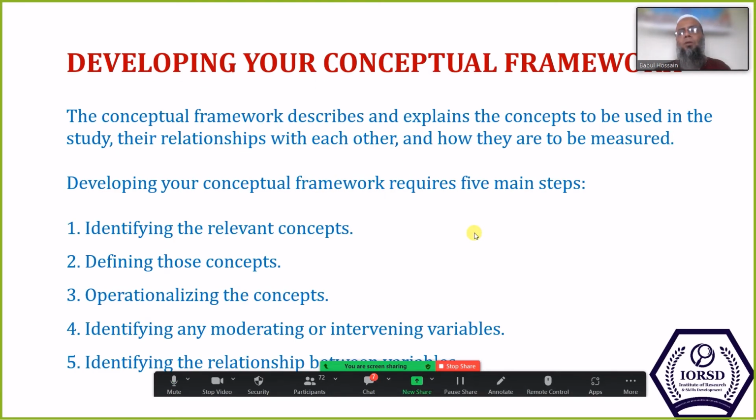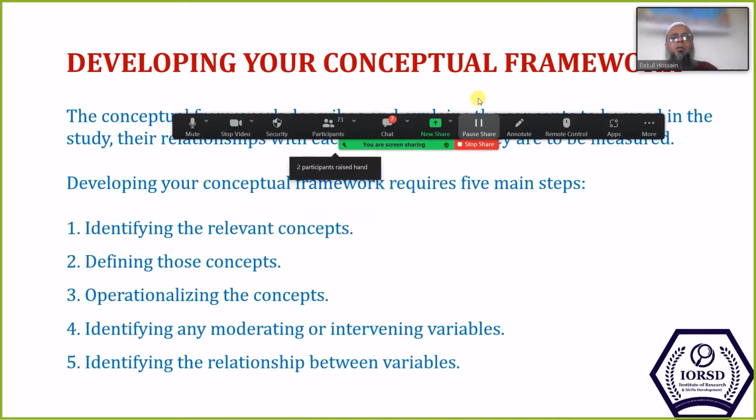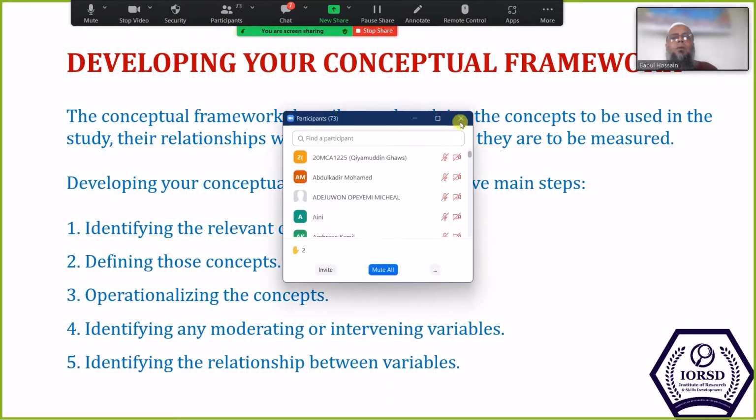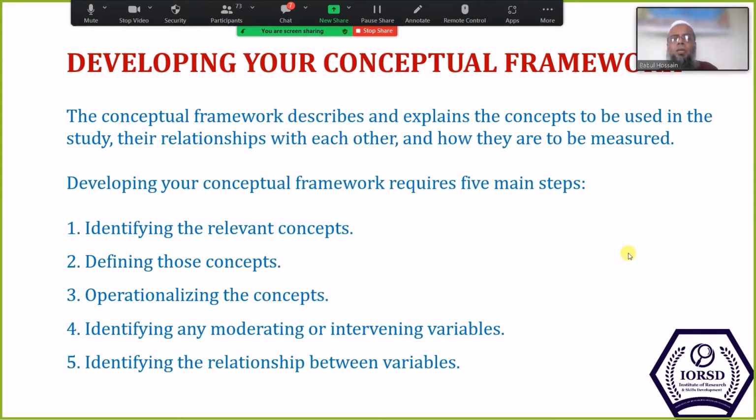Developing your conceptual framework requires 5 main steps: identifying the relevant concepts or variables, defining those concepts, operationalizing the concepts or variables, identifying any moderating or intervening variables, and identifying the relationship between variables. What are intervening variables? Does anybody have any idea? Moderating and mediating variables. Normally, by intervening variable we refer to the third variable, that is the moderator.